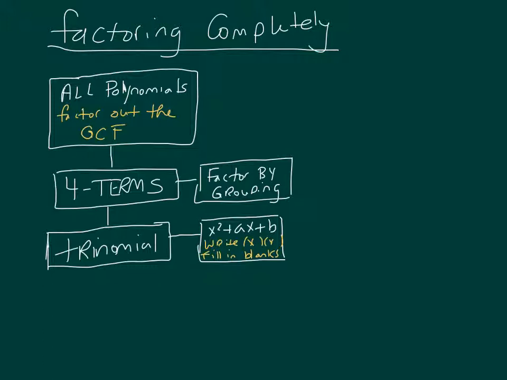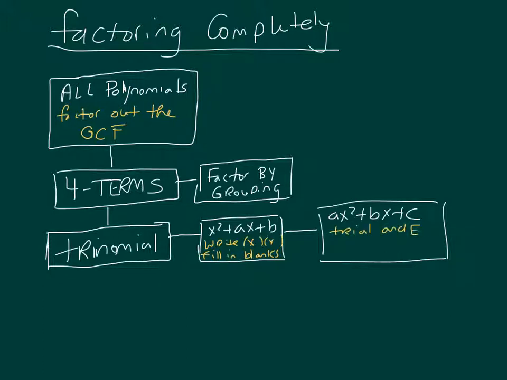If that's not the case, if I have a trinomial of the form ax squared plus bx plus c, where I do have a number in front of x squared, then I'm going to use trial and error, but I have the z-box that's going to help me organize my thoughts.